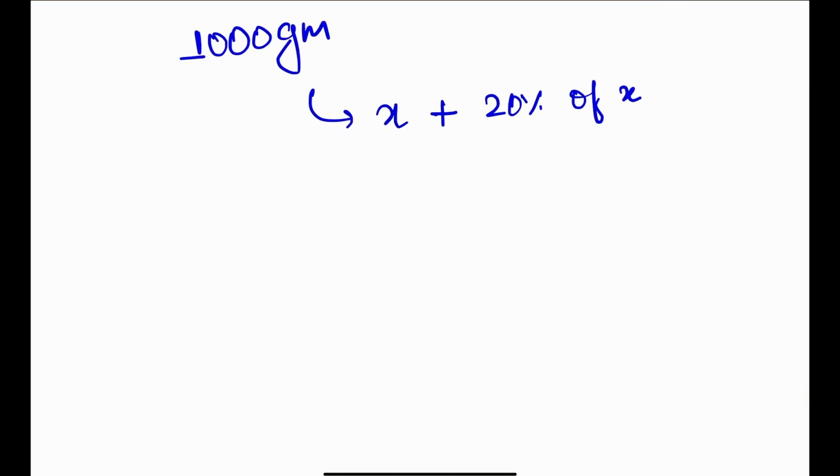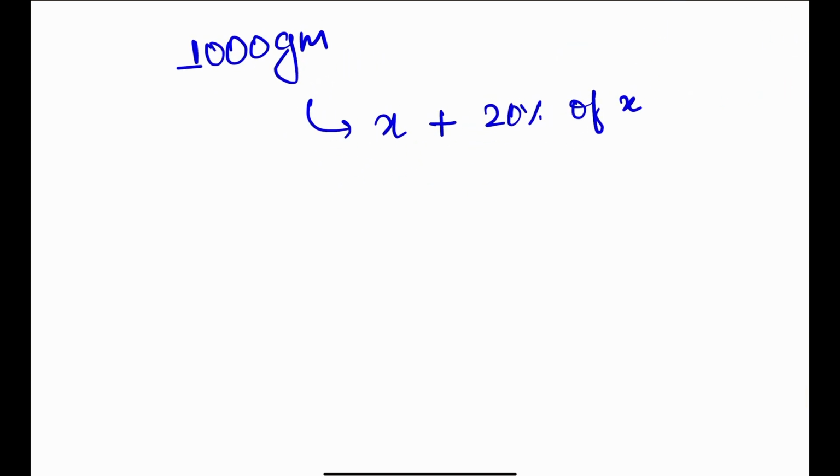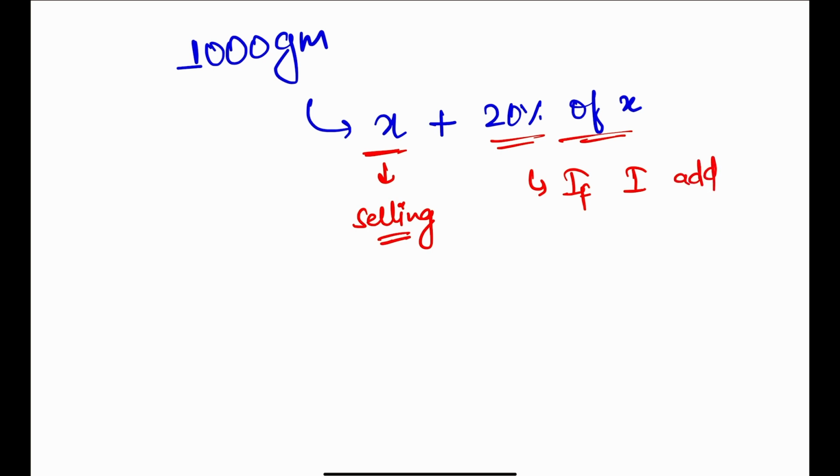So if I look at this price, then I will say that this is what I am selling, and this is what, if I add, the question says, then I will be getting my initial weight, that is 1000 gram, which is the indicated weight. So can I say that if I have 1000 gram and I am selling X only, this is what I am saving.